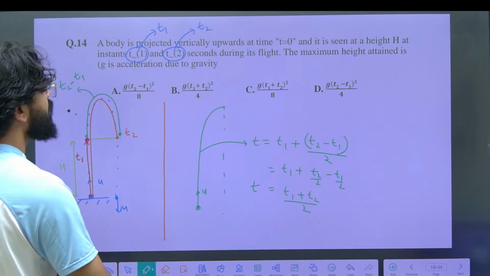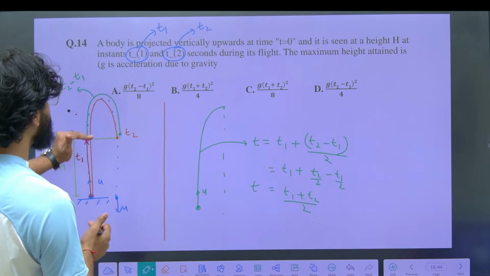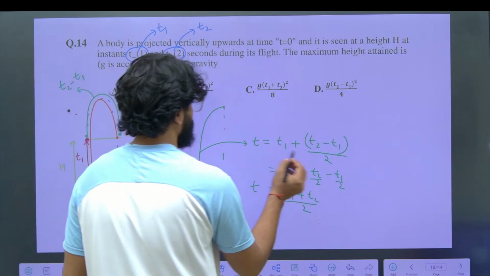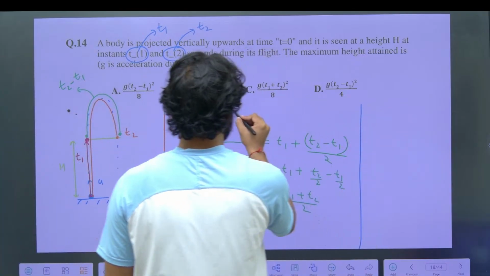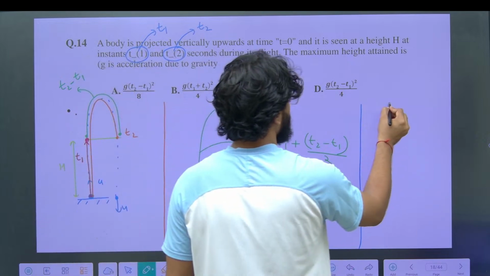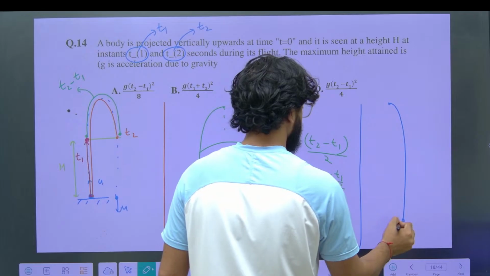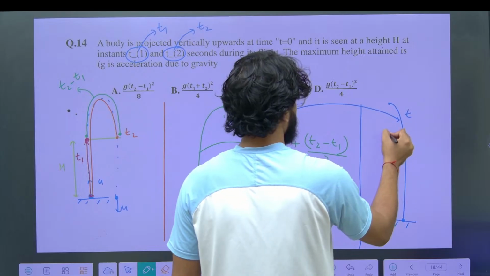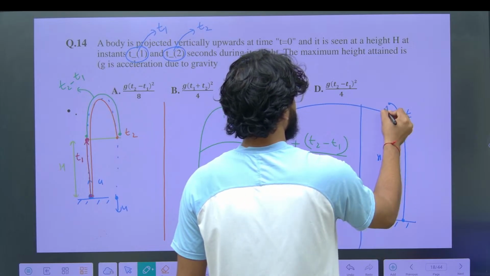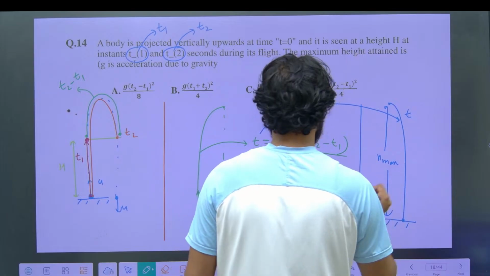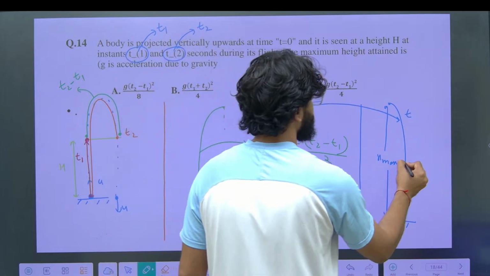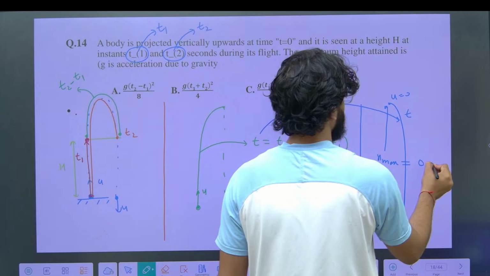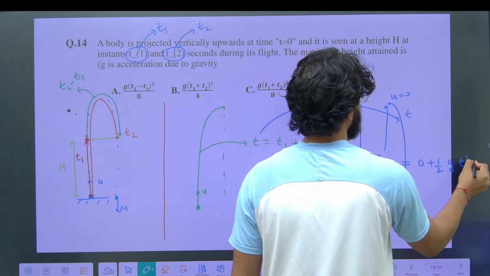ठीक है, so for the maximum height attained by it, basically how much time you take to go up, you will also take the same time to come down, right? So we are using this, that from here to here, the time will exactly be t only, correct? And this is h max that we want to calculate. Okay, so h max we can write as ut, u is 0 over here, 0 plus half g t square, right?